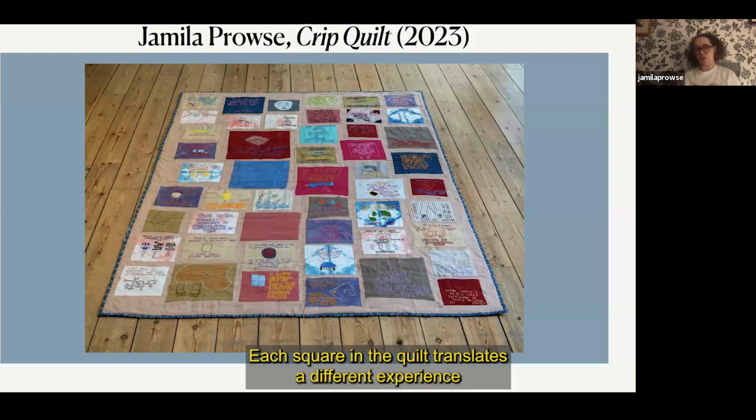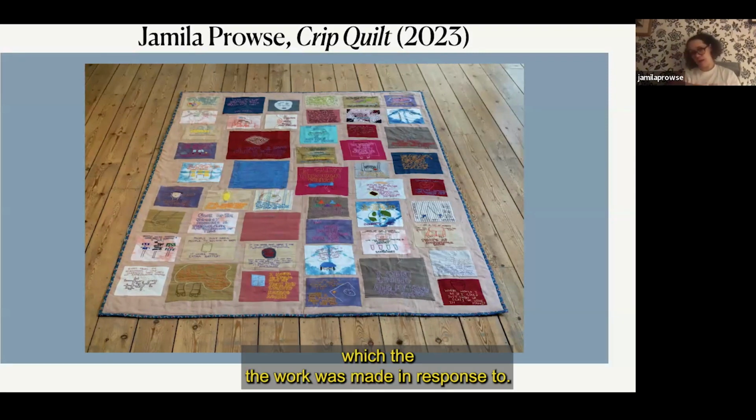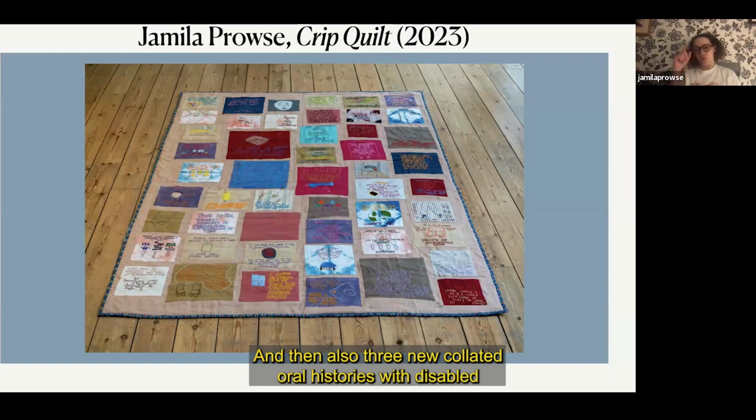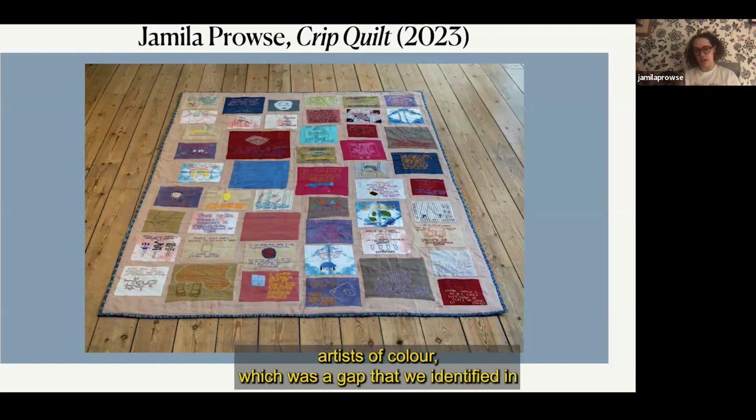Each square in the quilt translates a different experience in a disabled artist's journey, both my own and from oral histories in the National Disability Art Collection and Archive, which the work was made in response to, and also three new collated oral histories with disabled artists of colour, which was a gap that we identified in the archive, that there weren't many artists of colour.